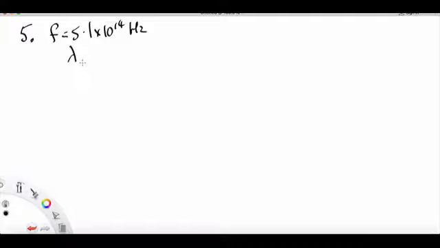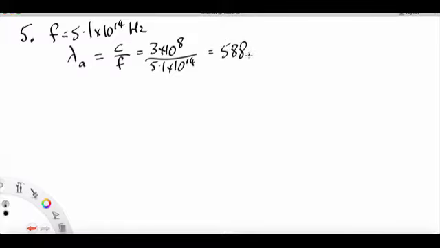So the wavelength, and I'll call this the wavelength in air, is going to be speed of light over the frequency, 3 by 10 to the 8 over 5.1 by 10 to the 14, and that gives 588 nanometers.